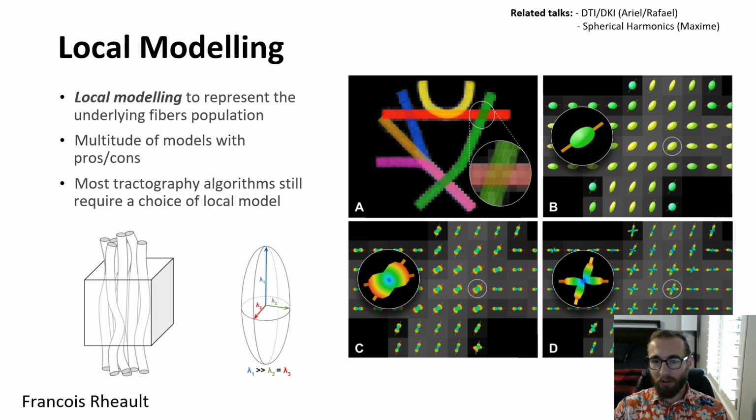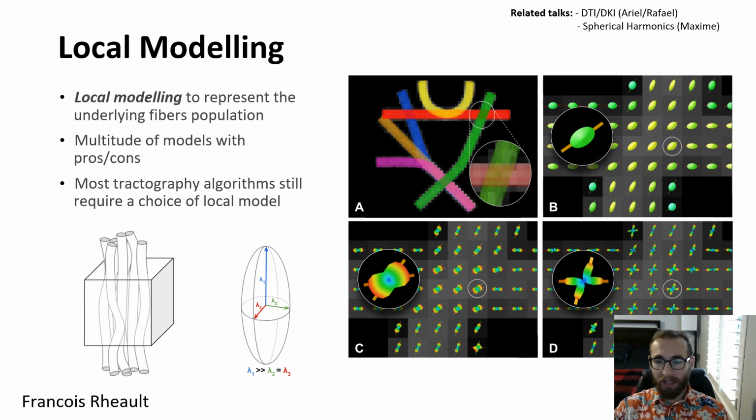So this is a local model that does not handle the crossing well, for example. But then you have more advanced models that are available if you have the right kind of acquisition that allows you to better represent the crossing. So this is an ODF, orientation distribution function. This is an FODF, fiber orientation distribution function, that allows you to have a better crossing representation.